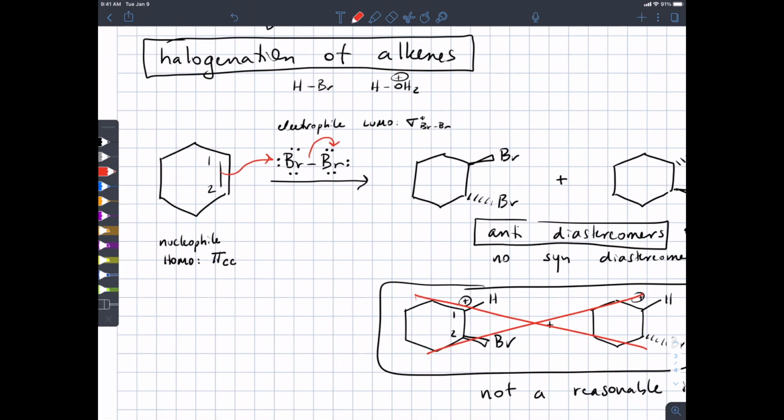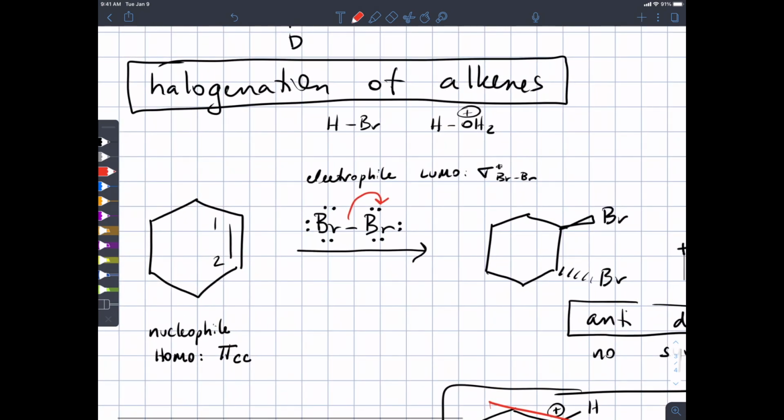Well, the alternative is kind of weird, but you can understand it. As we start, let's just suppose that, because 1 and 2 are identical, it doesn't matter which, the pi electrons attack the bromine sigma star, and bromide leaves. And during that process, there should be a buildup of positive charge on the other carbon. So let's suppose that carbon 1 gets the new carbon-bromine sigma bond.